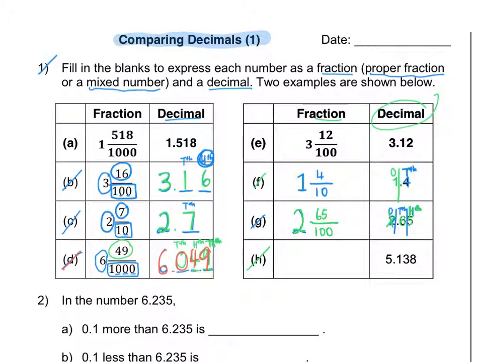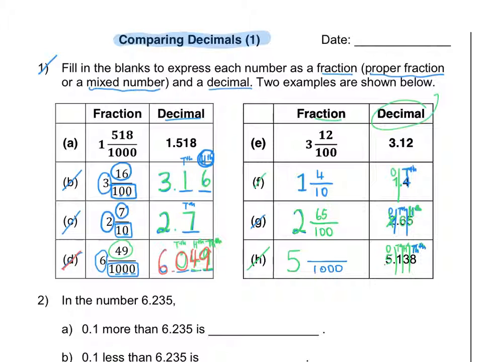Let's go on to the last part of the question, part H. Same thing, given a decimal, we always label the place value chart. Okay, so first we have 5 wholes. Look at the smallest place value, that is the 1000th place. So out of 1,000.